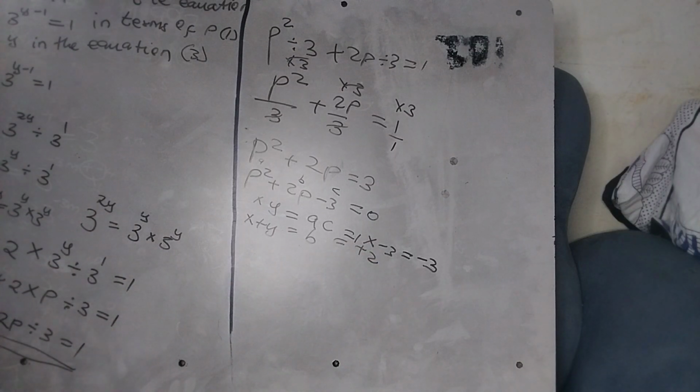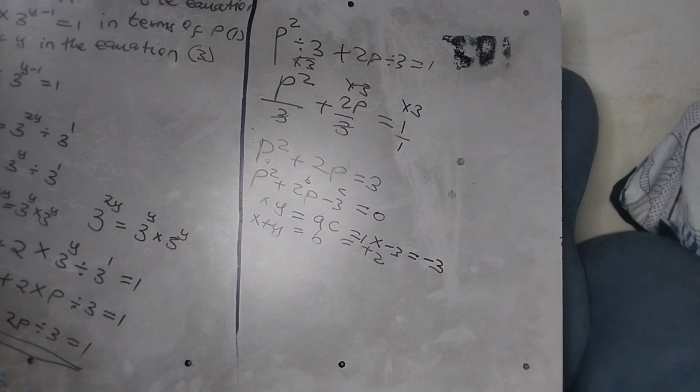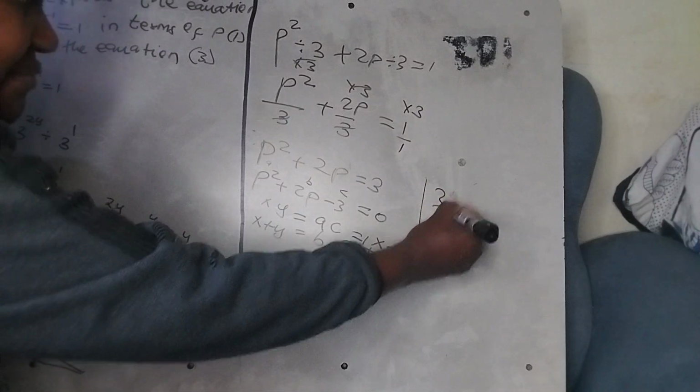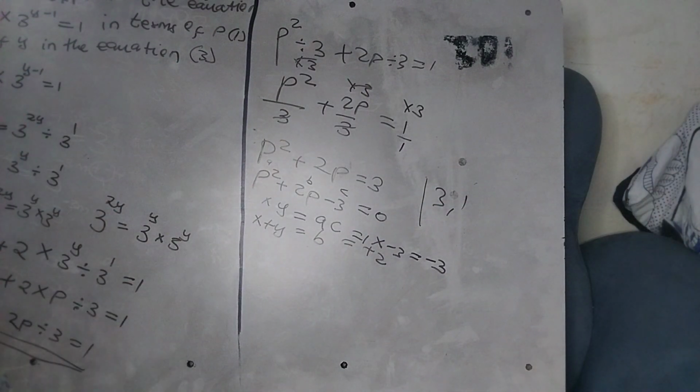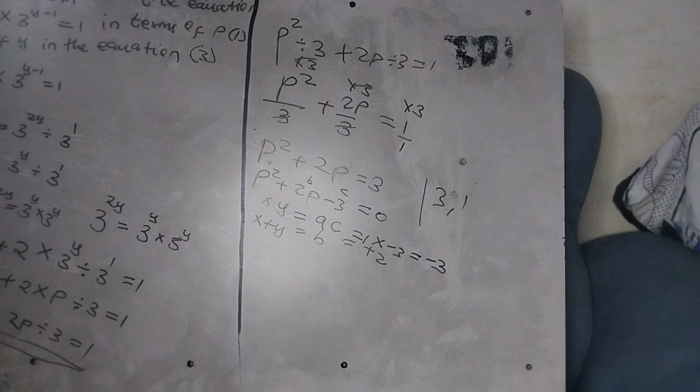I said when you get such kind of questions, there is no need for you to panic. Just know that you can easily tackle this question. How? Which are the multiples of 3? It is simply 3 and 1. When I multiply 3 and 1, I get 3. But again, we now need to play well with the signs to get which of the two signs, when we add or even subtract, gives positive 2.